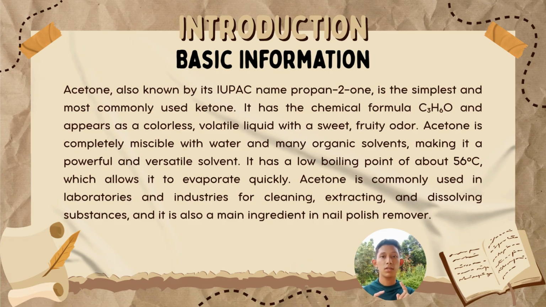It has a low boiling point of about 56 degrees Celsius, which allows it to evaporate quickly. Acetone is commonly used in laboratories and industry for cleaning, extracting, and dissolving substances, and it is also the main ingredient in nail polish removal.